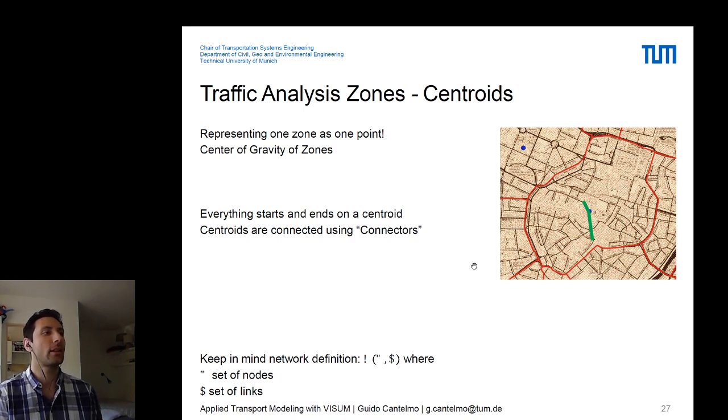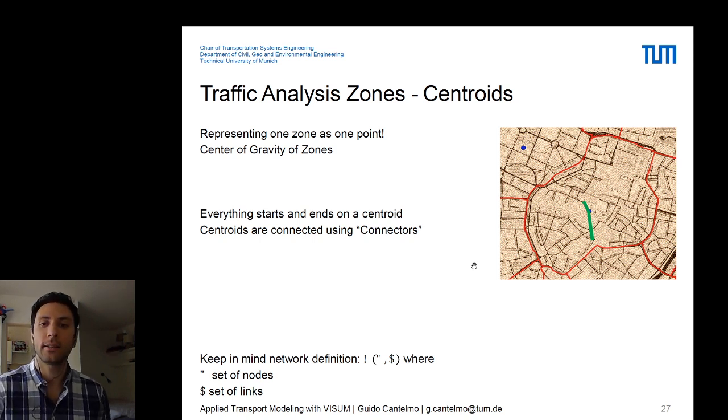Well, the center of gravity is basically where we assume that all the demand is generated. Usually, for convenience, you locate it at the center of the study area, like in this case. But actually, this doesn't really represent anything without connectors, so you can, to be honest, put it wherever you want. Because what really makes the difference is the connector. What is the connector? The connector connects the center of gravity of the zone with the network.